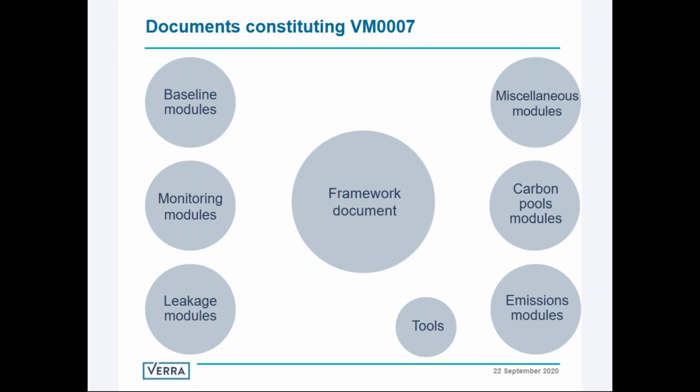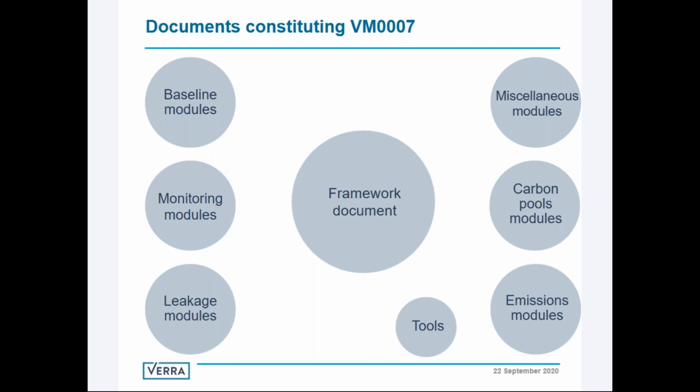So here you see an overview of existing modules within VM7, and it mimics the slide that Amy Schmidt presented on the various kinds of aspects that you find in methodologies. So the backbone of the VM7 methodology is the REDD+ framework, the methodology framework document. It gives the general structure of the methodology, and it refers to a really large number of modules, which you see presented here as categories.